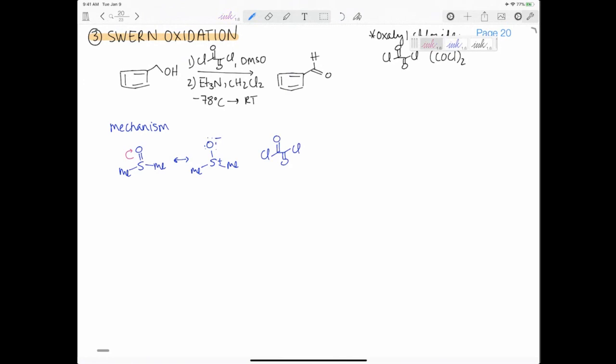And what's going to happen? The oxygen is going to go straight and act as a nucleophile, going straight for the carbonyl to give me this.